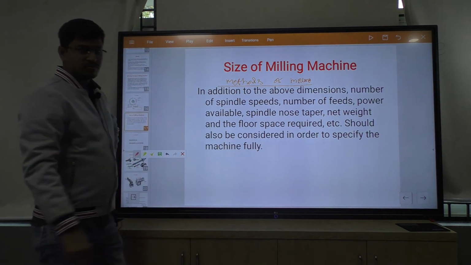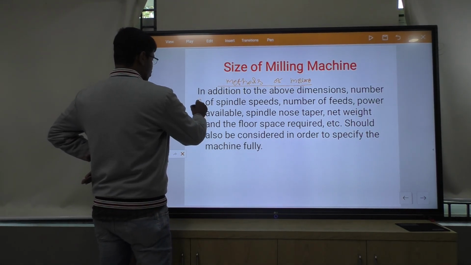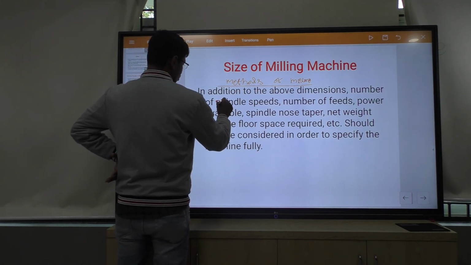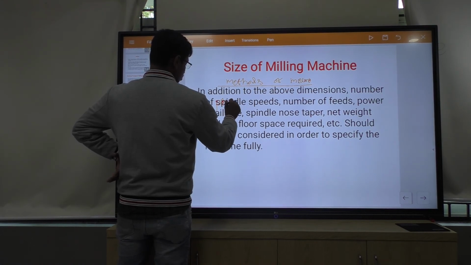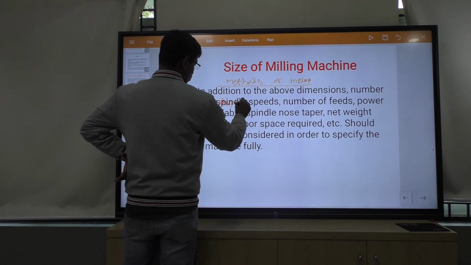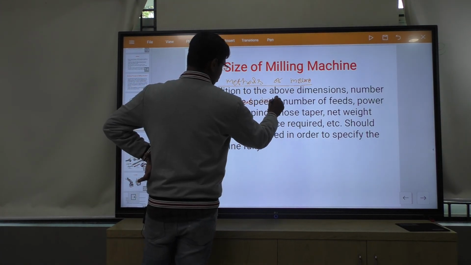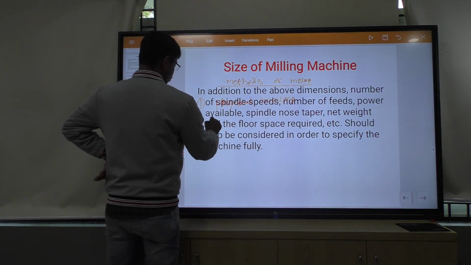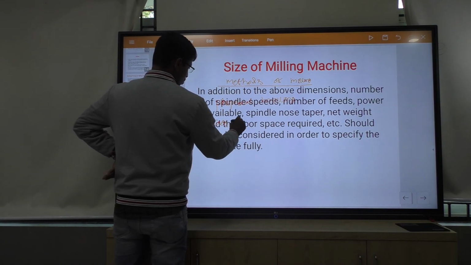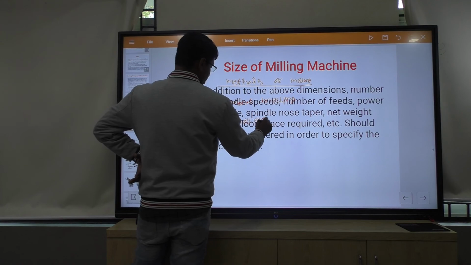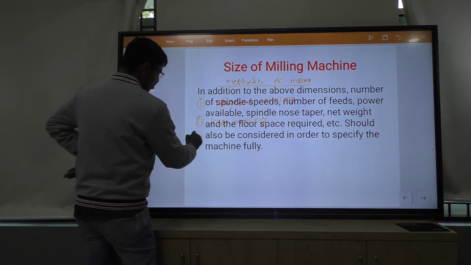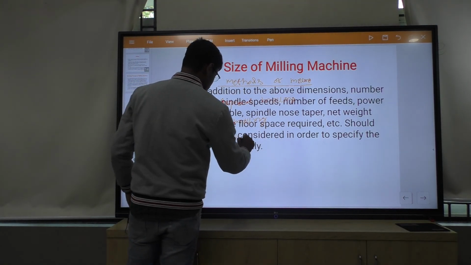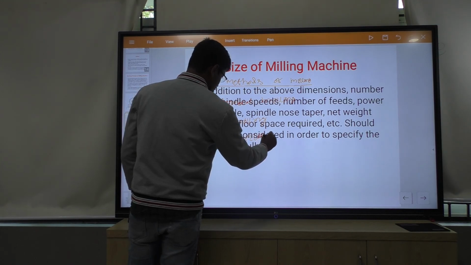There are three types of milling methods. One is peripheral milling, second is face milling, and third is end milling.